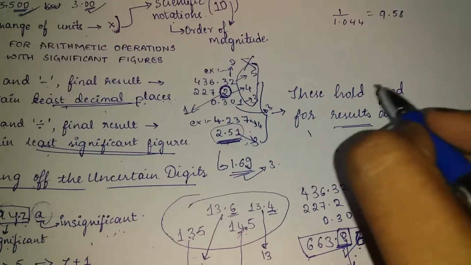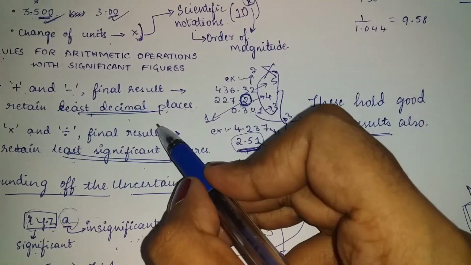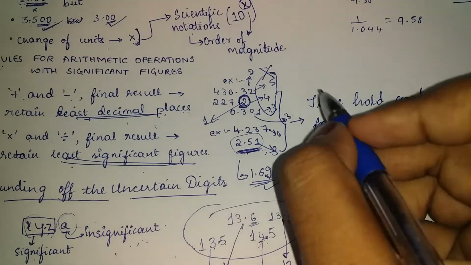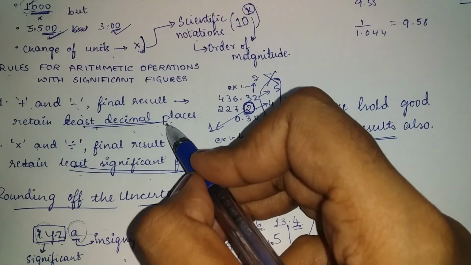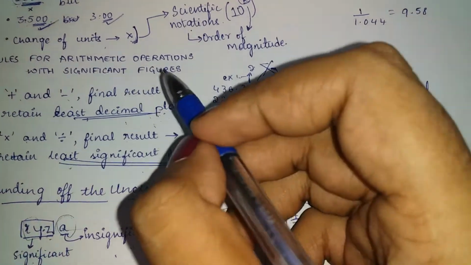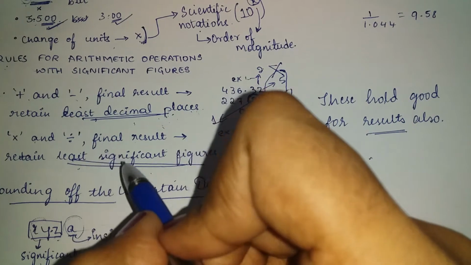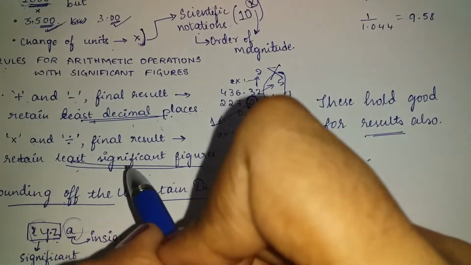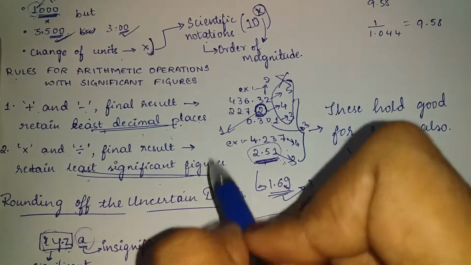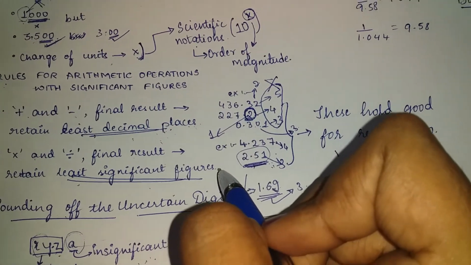If the final answer is from addition or subtraction, then the least number of decimal places should be retained. If the final answer is of a multiplication or division, then it is the least significant figures of the original given numbers that should be kept in mind.